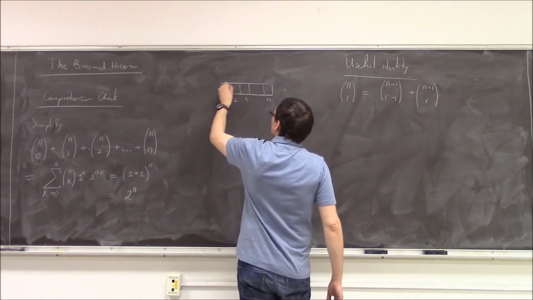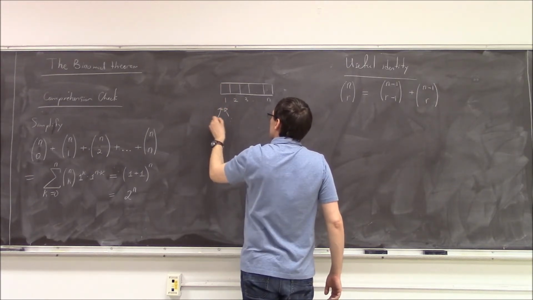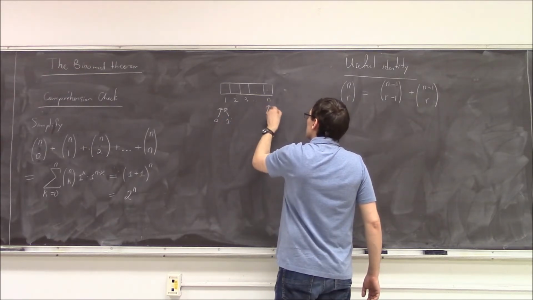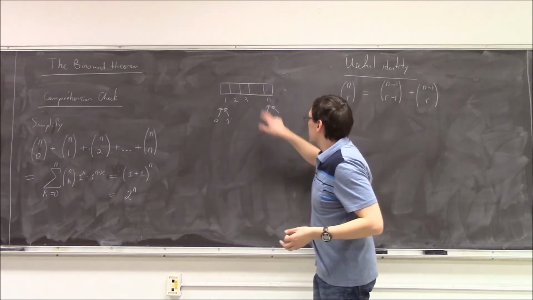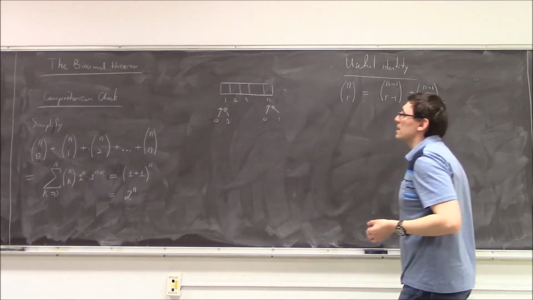So there are n experiments, and each of them can receive either a 0 or 1, depending on whether, in this case, student n came to class or did not come to class.